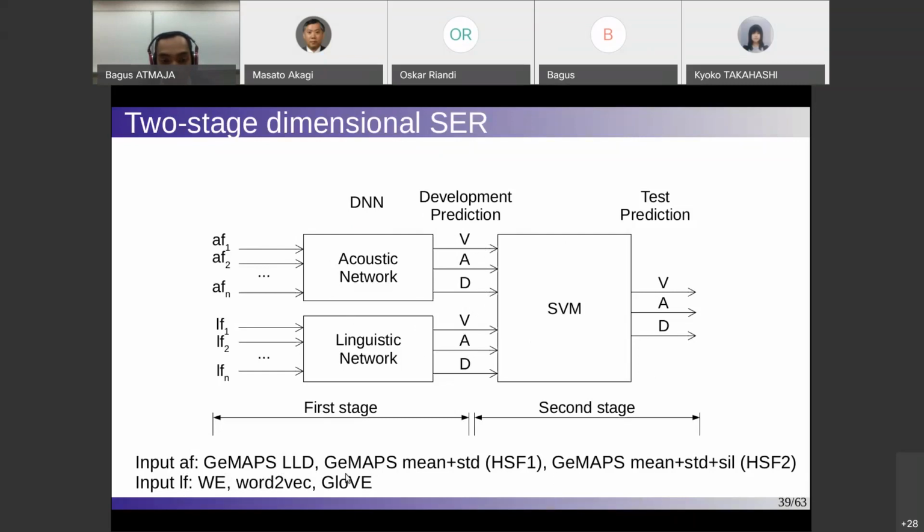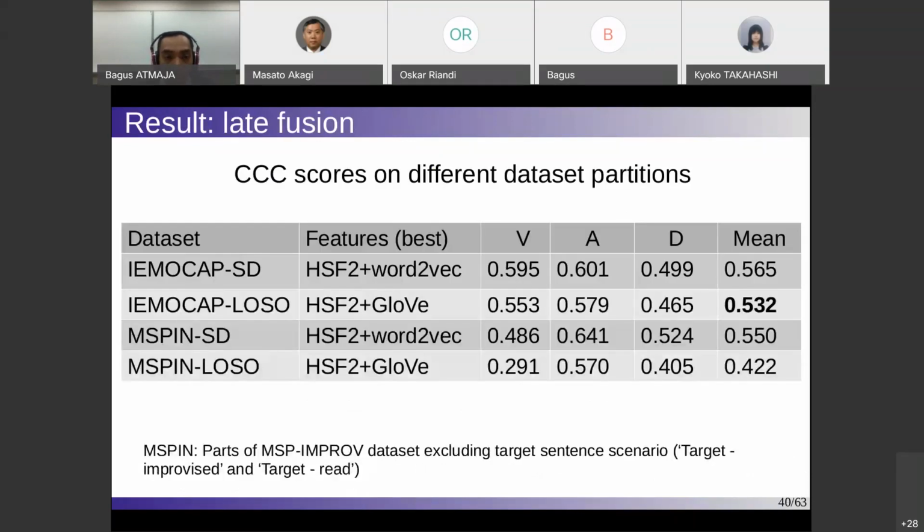And for linguistic, I take the highest three linguistic models from the previous result. The result is given here. I divided it into four scenarios. The first is IEMOCAP speaker dependent, then leave-one-session-out, or speaker independent. And also for MSP-IMPROV, where I remove the target sentence. We got similar results, but improved from the previous early fusion.